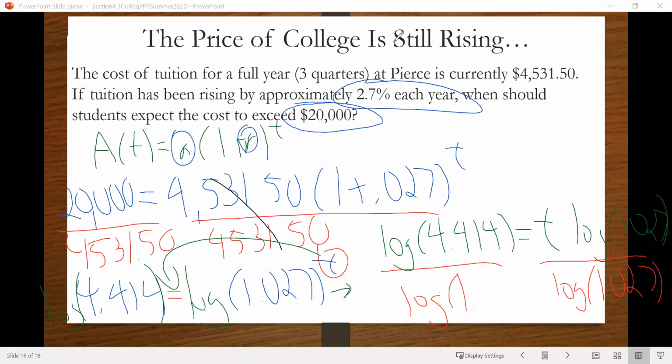These will cancel. And so what we'll have is t equals whatever log of 4.414 divided by log of 1.027 is, and that we get 55.731, and our units there will be years, since the percentage we're given is the percent it raises each year.